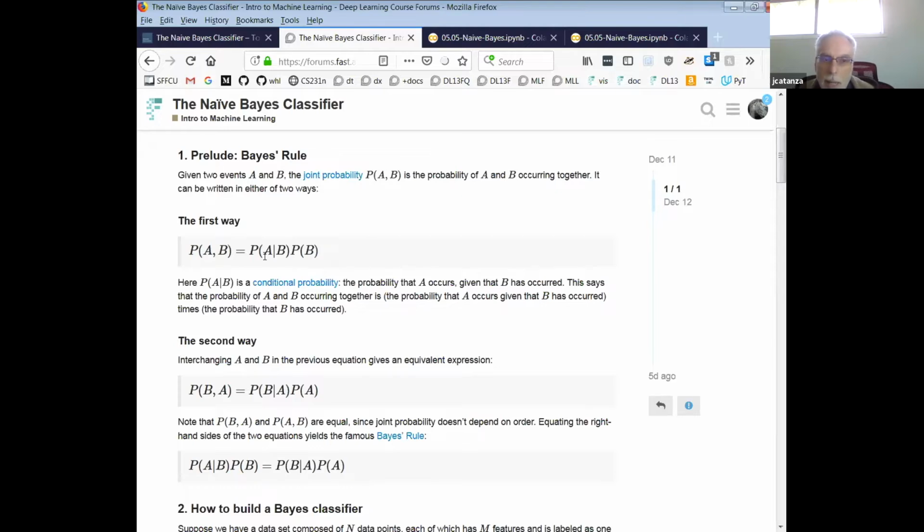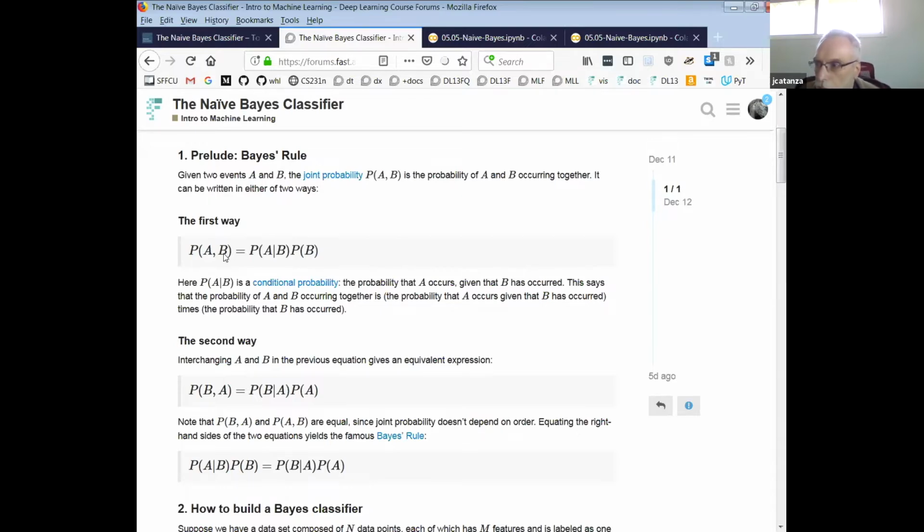So it restricts the number of things you have to look at. For P(A|B), you look at all the situations where B is true, and then you count the number of situations where A is also true, and that ratio is the conditional probability of A given B.